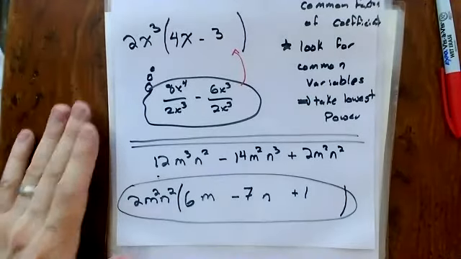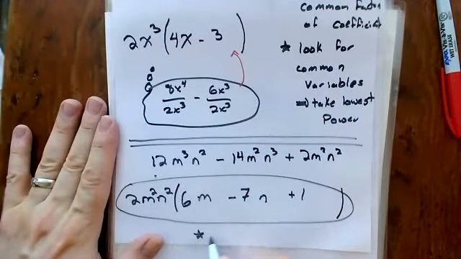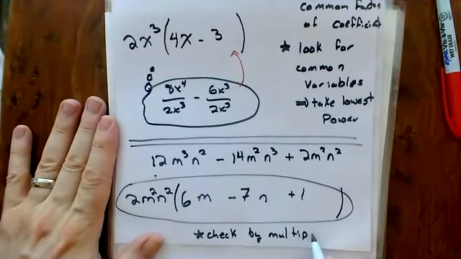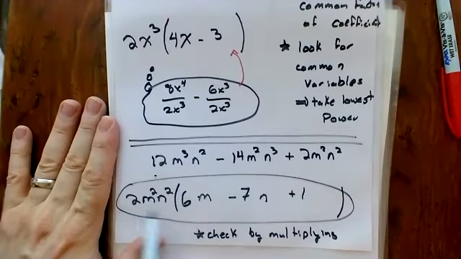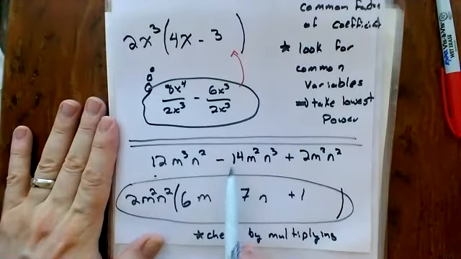And remember, it's a good idea to mentally check by multiplying. 2m squared n squared times 6m: 2 times 6 is 12, m squared times m is m cubed, and we'll still have that n squared there. 2 times 7 is 14.